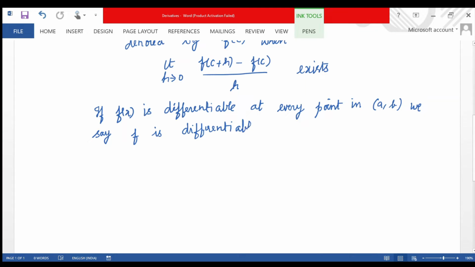And we can denote it by f dash of x or d by dx of f of x and so on.